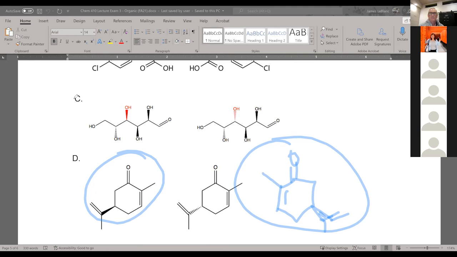So if you rotate it and it's the same as the other image, then that'd be an enantiomer. If you rotate it all the way around and it's exactly the same thing, then they're the same molecule. And if you rotate it all the way around and it's different, it may be an enantiomer.